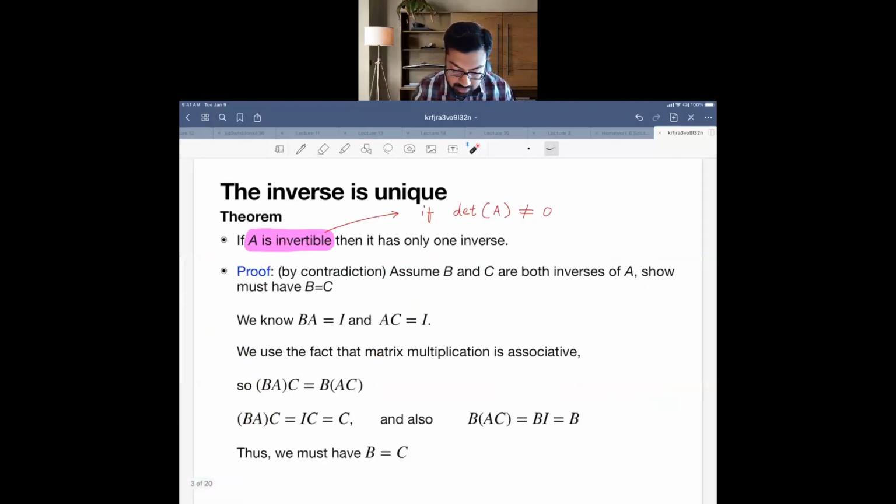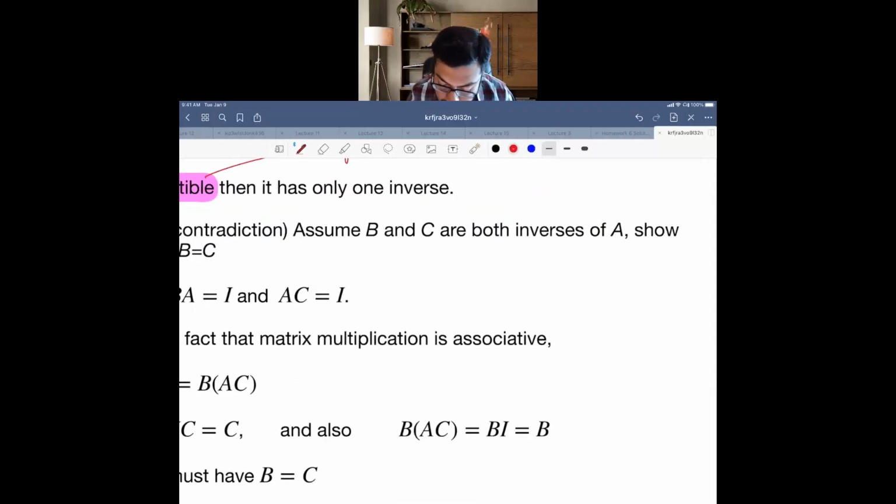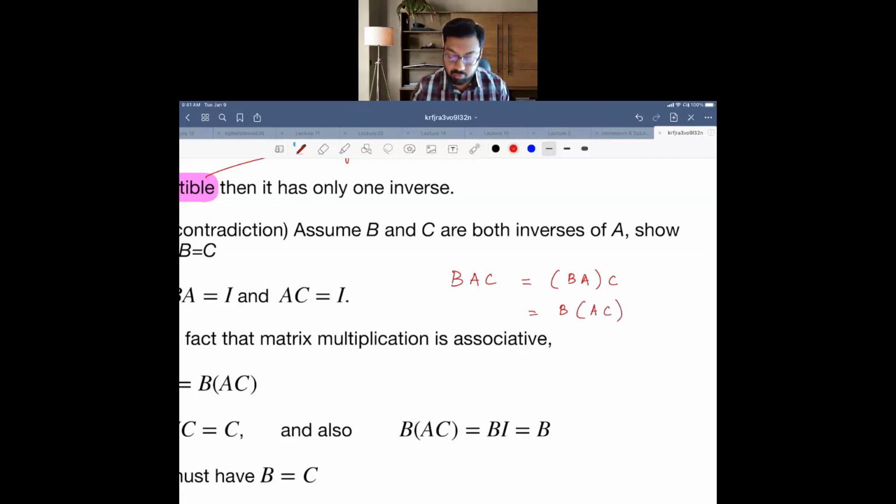Now we use the fact that matrix multiplication is associative, and we have proved this in a good amount of detail in the previous lecture. Suppose you were trying to multiply B times A times C, you can do this as BA times C, or you can do this as B times AC, right? We have seen this before.